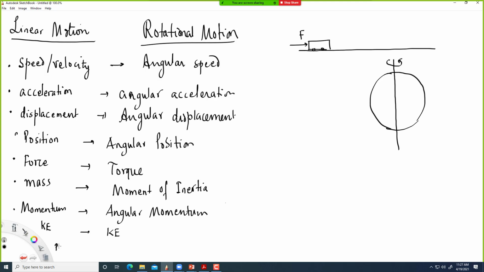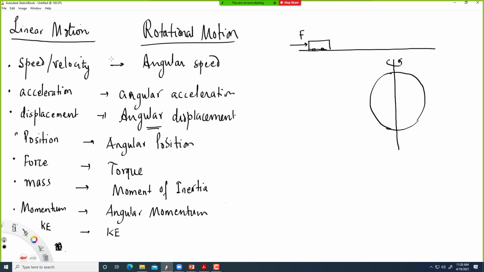Potential energy, usually we don't have angular potential energy. Okay. So what is angular speed? Or even before that, what is angular displacement?